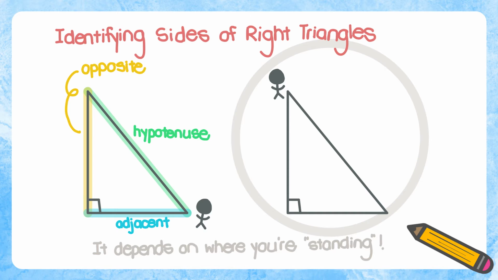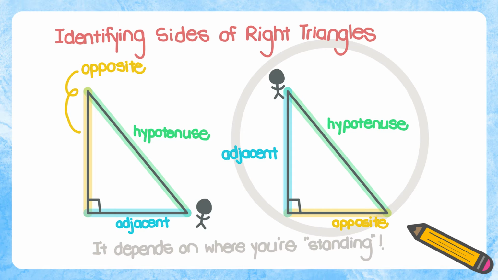Now let's look at this triangle on the right. Here, we're standing at the top angle. The hypotenuse is still the same. The hypotenuse is always across the right angle. However, notice that this side is now my opposite side because I'm standing at a different angle from earlier.